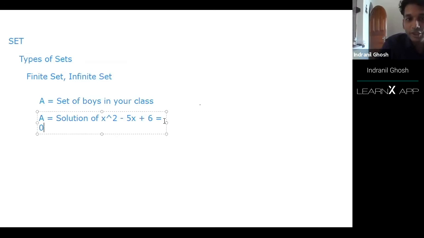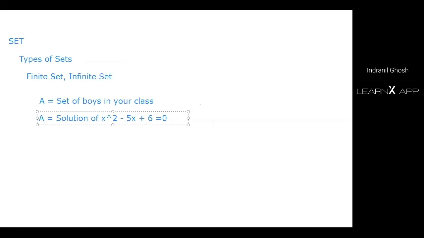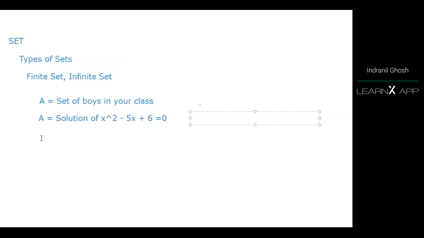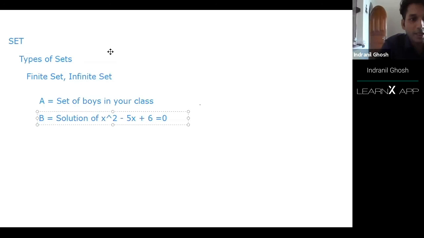Again, just check whether this should be a finite set. Solutions are 2 and 3. So this should also be a finite set. Now suppose we are talking about one set, let's consider this as set B, and let us take one more set.